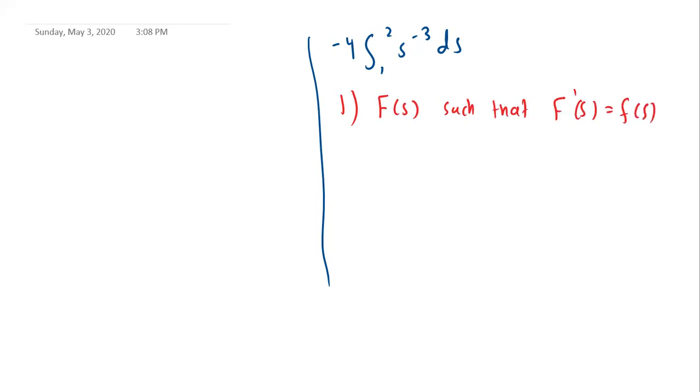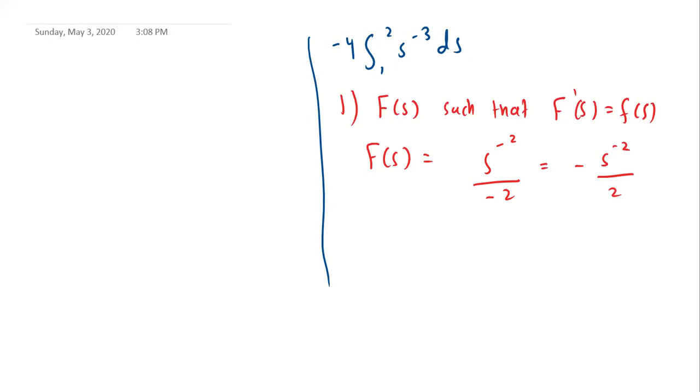We have a formula for finding big F of s. What was the formula? It was kind of like the opposite of where we're taking derivatives. You add 1 to the exponent, so negative 3 plus 1 is negative 2, and divide by that new exponent. And we're just going to move the negative in front, so we have s to the negative 2 divided by 2.